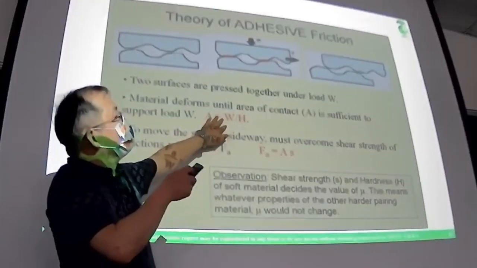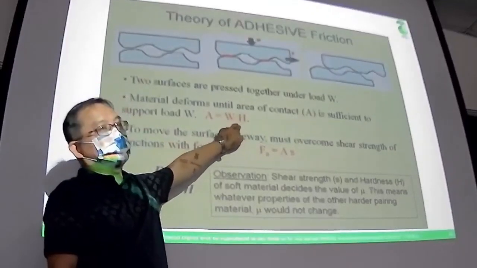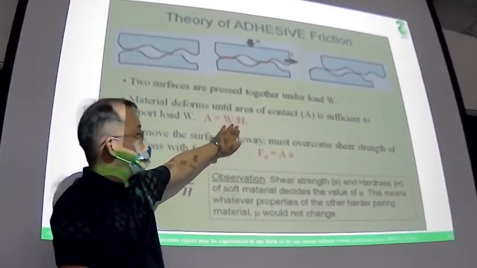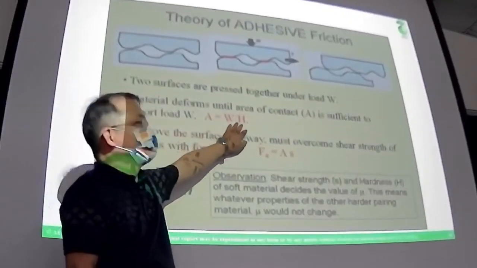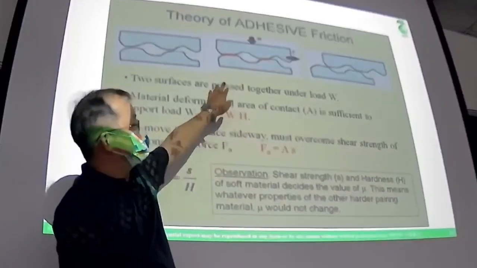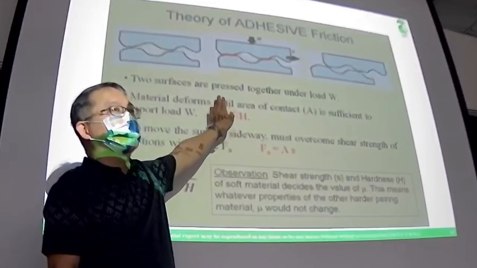The normal loading force W divided by the hardness. So this H is the hardness of the soft material from the tribal pair. Okay?